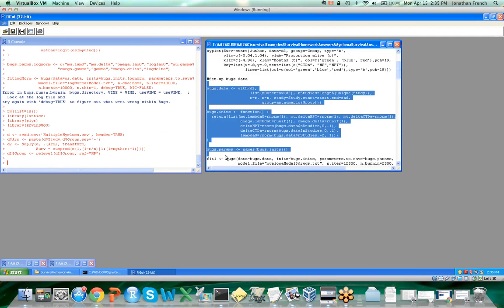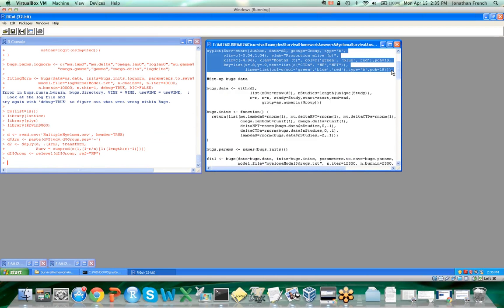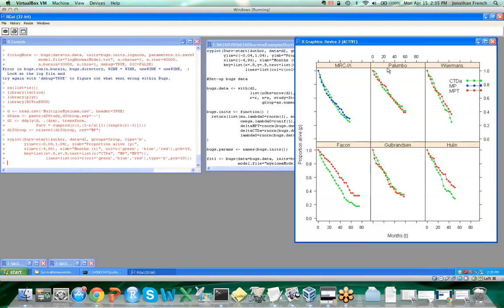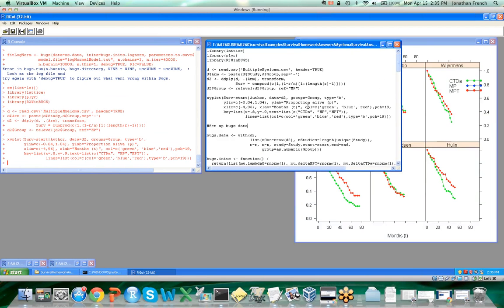For the first bit of homework, there's really nothing; you were able to take the code that I provided and make some minor modifications to it. Whoops. This plot here is not right. Oh, I see. Okay.